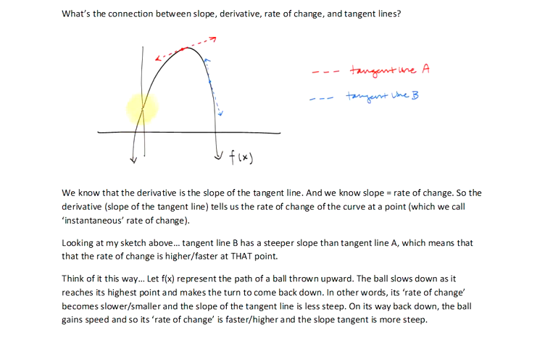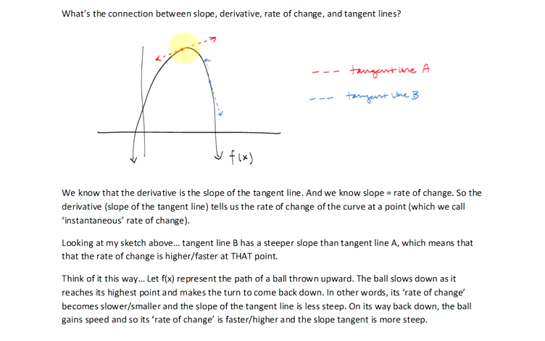The ball slows down as it goes up and reaches its highest point, right? It slows down as it reaches that highest point because it's got to turn around and fall back to the ground. So it makes sense that the slope of the tangent line at this point, which is close to where the ball gets to its highest point and then turns back around to come to the ground, is not as steep, because the speed of the ball is not as fast as when it turns around and falls back to the ground.